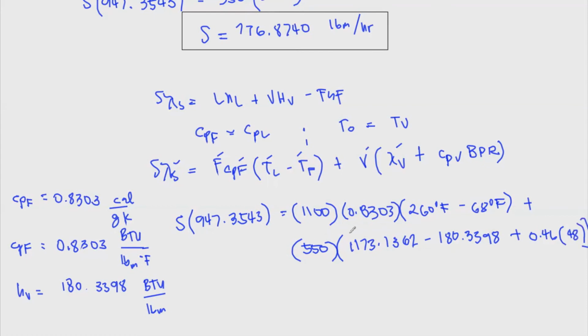Okay, so this is our final equation. Solving for this, we'll be able to get S. So from this, the answer is 774.3052 pound mass per hour.